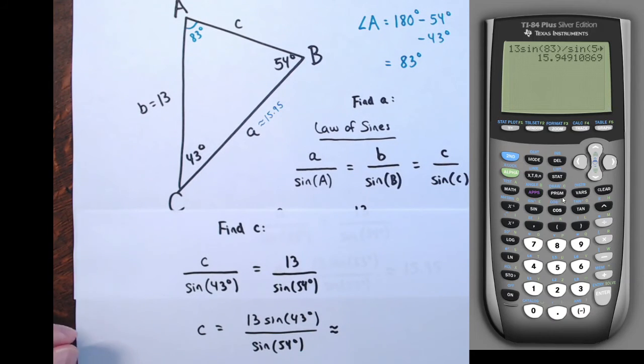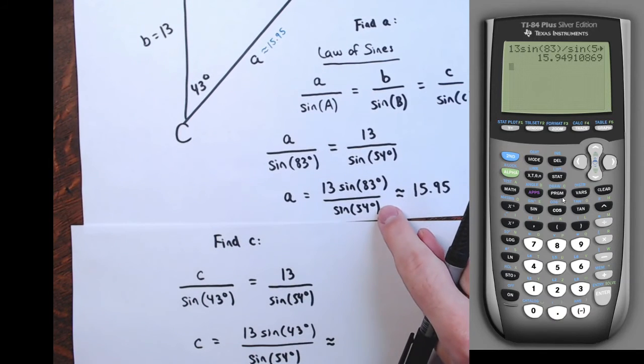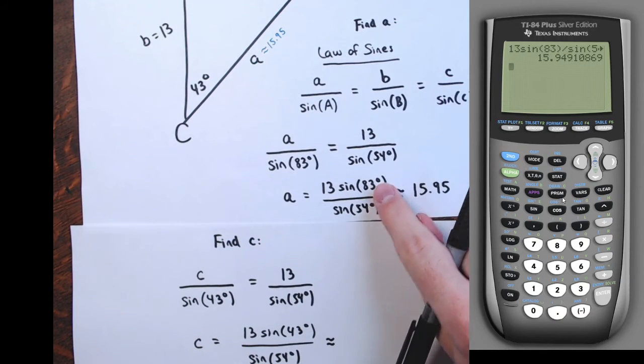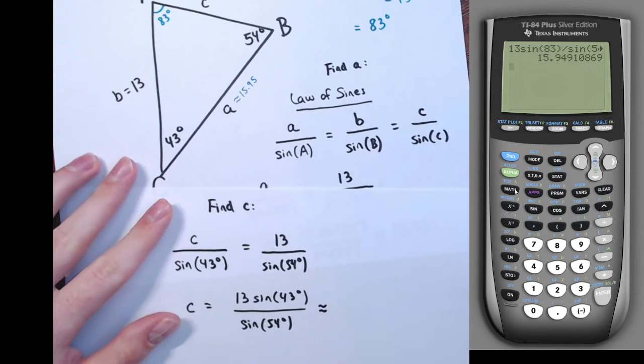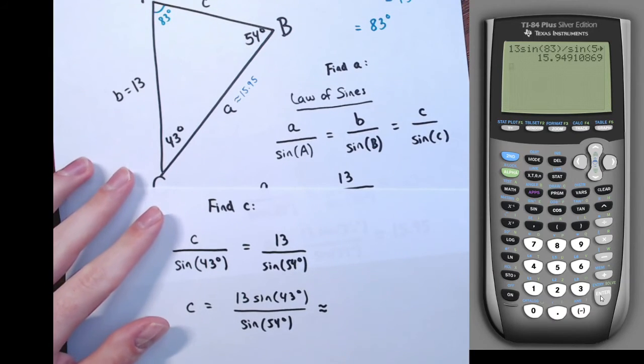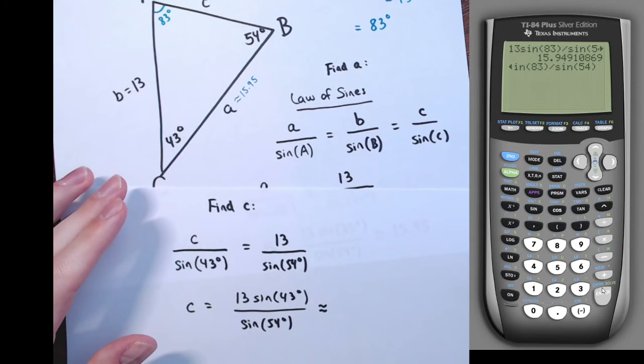Now the nice thing is, this looks exactly like this, except instead of 83 degrees, I have 43 degrees. So what I'm going to do on my calculator is just go second, and then previous entry. Above the enter button, it says entry, and it puts up what I had previously. I'm just going to scroll back through it and change 83 to 43, so I don't have to retype all that.